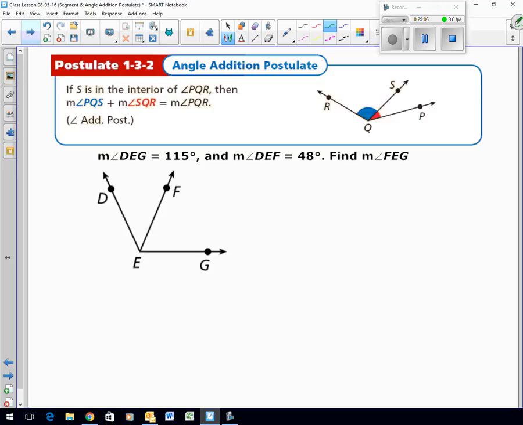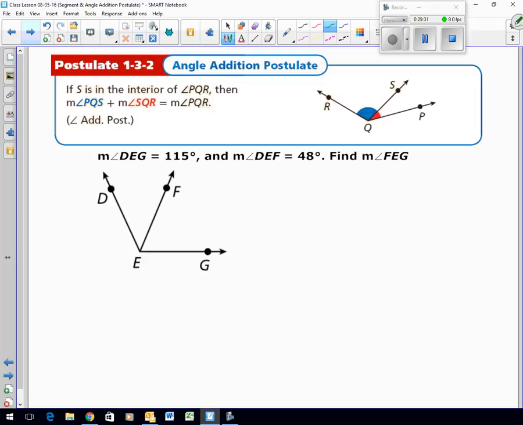All right, check it out. I'll do this problem as you guys write all that down, okay? All right, here is all the angle addition postulate basically means. I started off with one big angle, PQR. Okay, last week we talked about how to name that angle.